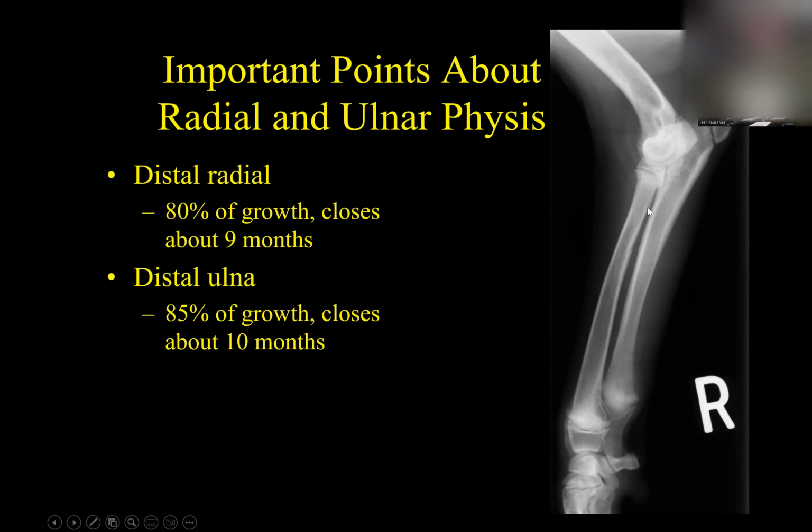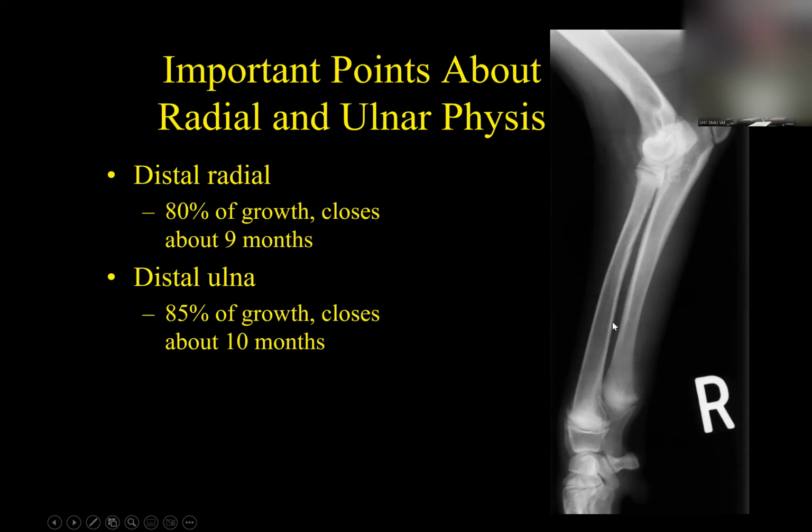Okay, so here's the growth plate or the physis itself. Here's another growth plate on the distal aspect of the radius. Okay, the proximal end of the ulna has a growth plate in a weird spot. It's right here. Okay, and then the distal end of the ulna has a kind of conical shaped growth plate right here.